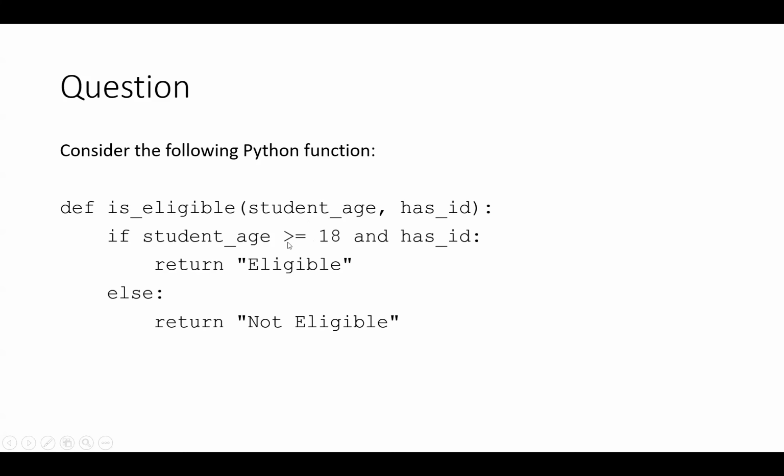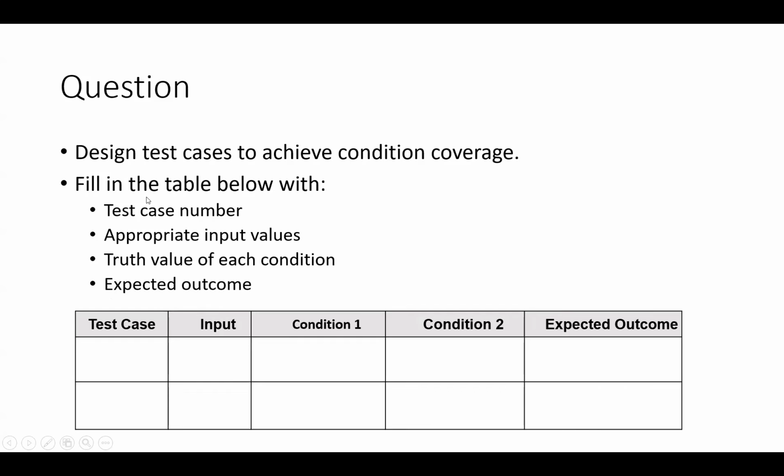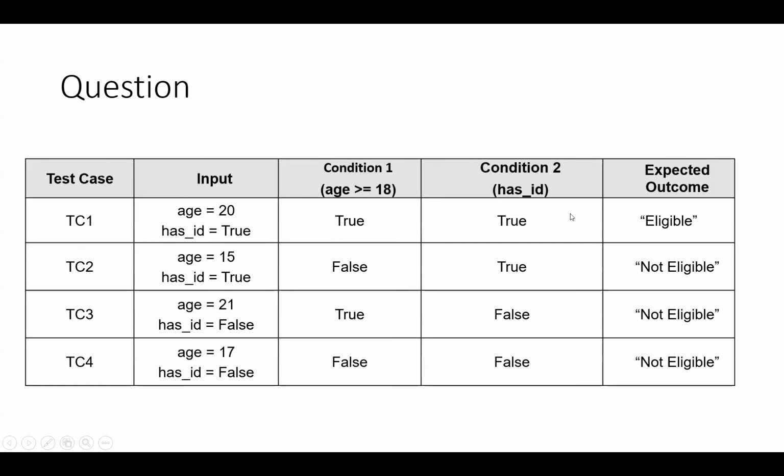If the student is older than 18 years and they have an ID, they will be eligible. If not, they will not be eligible. So again, very similar to the assignment, you will have to design some test cases to achieve condition coverage. The key here is you have two conditions and you need to design cases where you cover the different combinations of them.